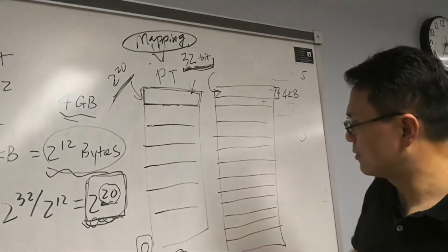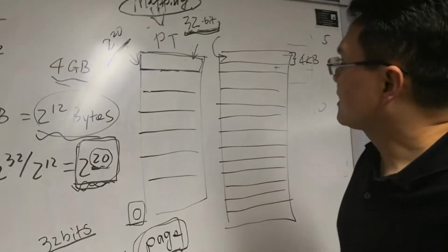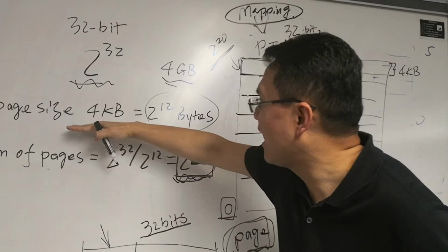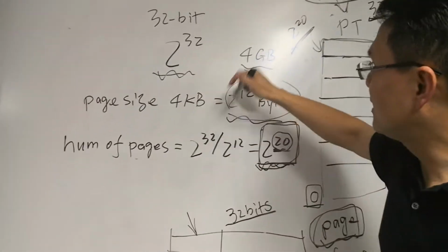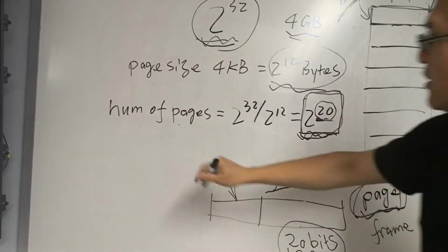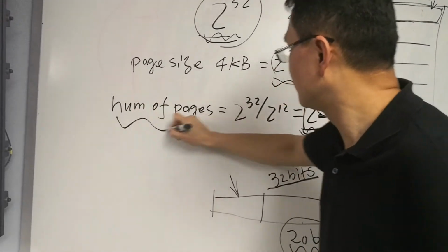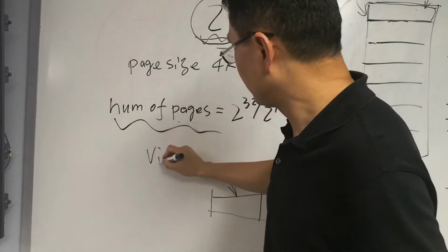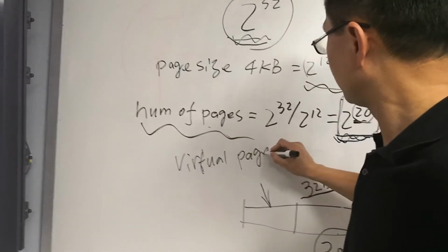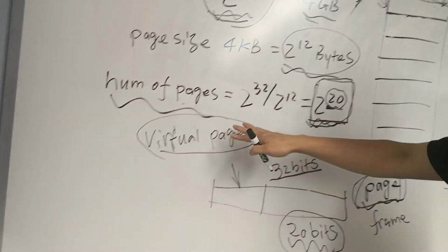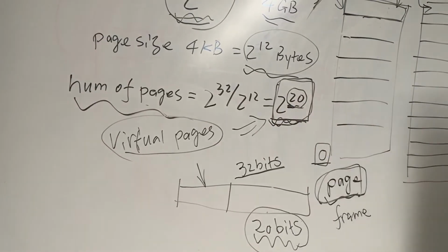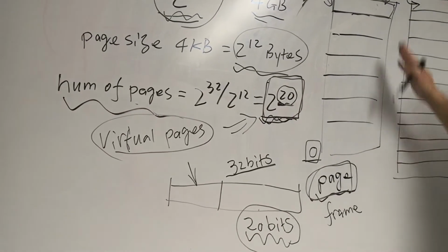So with this page size, this is the total space, and you can have that many virtual pages, 2 to the 20. That's for one level.